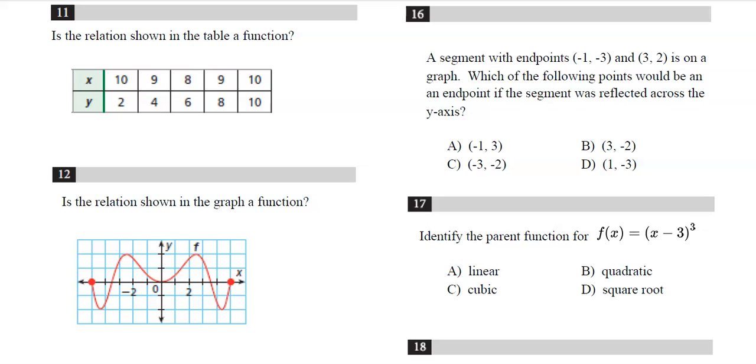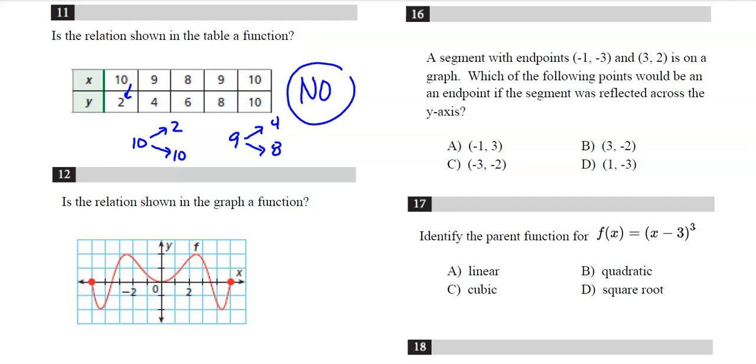If I were to map this out, I have an input of 10, just went to 2, but then it also went to 10. That's a problem. There's another problem with 9. 9's cheating. 9 mapped to 4, and 9 also mapped to 8. That's another problem. So this is a big fat no, not a function. There is an x that got mapped to 2 different y's.